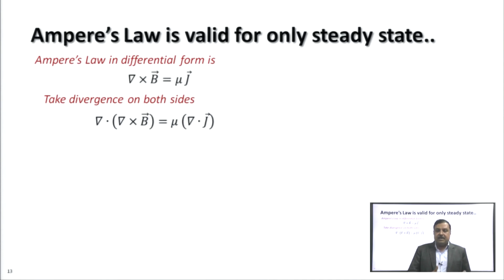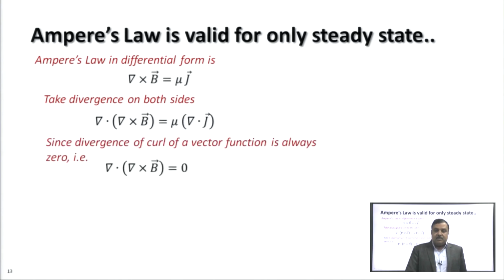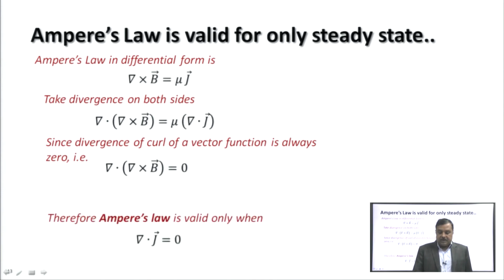So, the left hand side becomes divergence of del cross B, and on the right hand side we get mu times del dot J. Now, the divergence of the curl of a vector is always 0. Divergence of the curl of a vector function is always 0. So, from this equation we get del dot J equal to 0. So, Ampere's law is valid only when del dot J equal to 0.